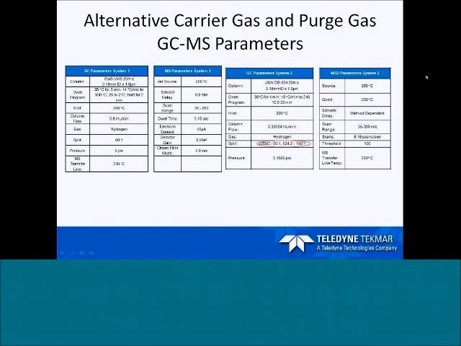Here are the GC mass spec parameters we used for this study. For system 1, we used a 60:1 split ratio. We used a VMS column. We used the same GC method for 8260 as for 524.3.